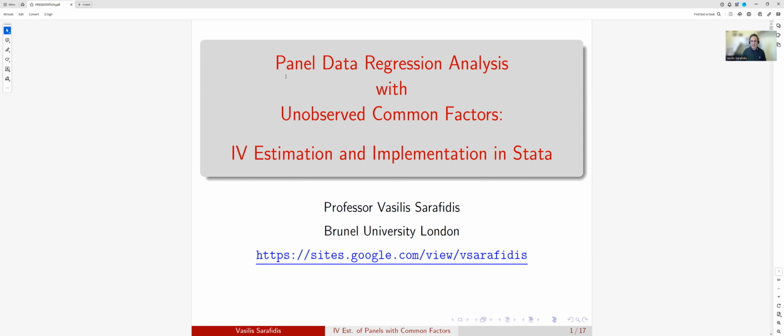I'm a professor of finance at Brunel University London, and today I'm going to introduce a novel approach for estimating panel data models with unobserved common factors using Stata and based on the method of instrumental variables.